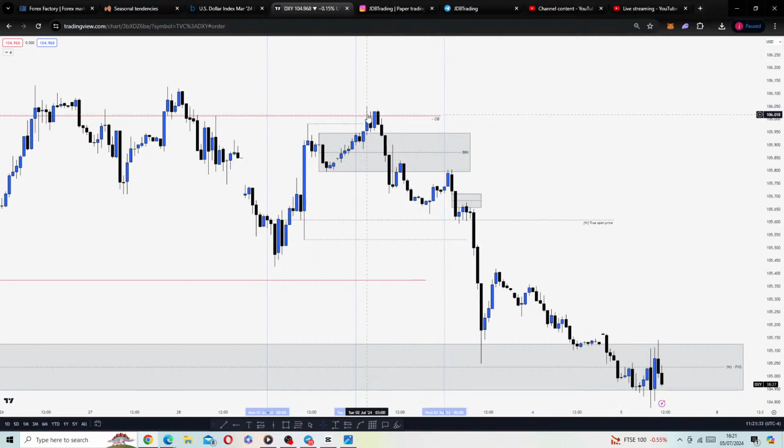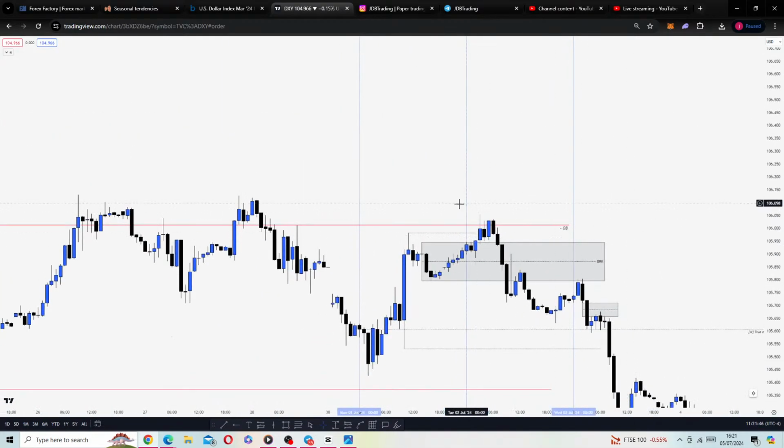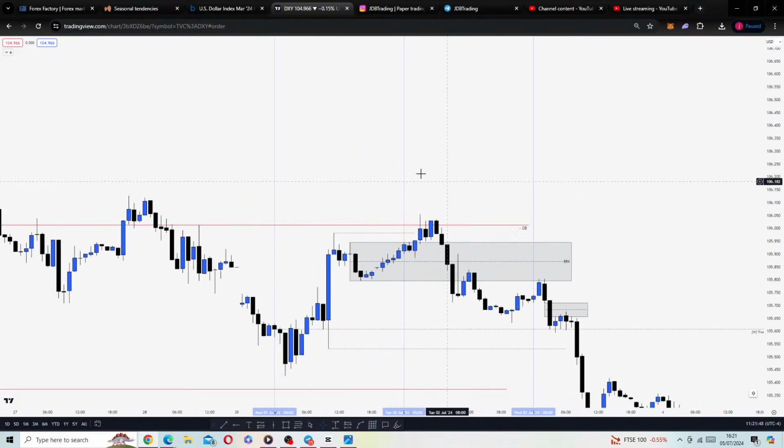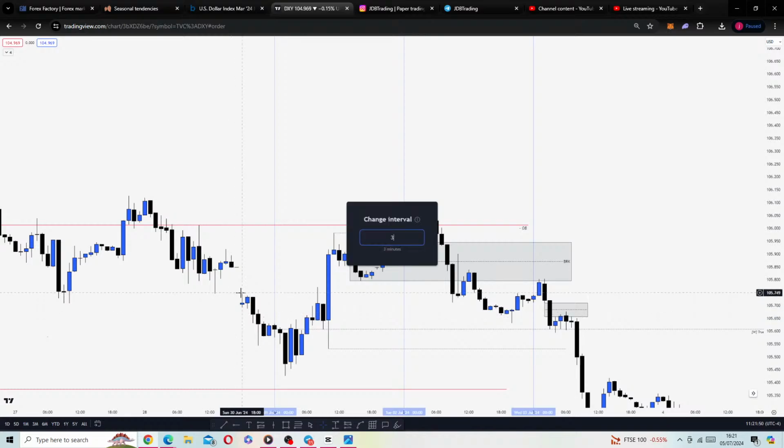So now we've got this. Tuesday made the high between 2 and 6, so 2 to 4. London kill zone is 2 to 5, but I like to work in the range of 2 to 4. We'll go down some time frames here.